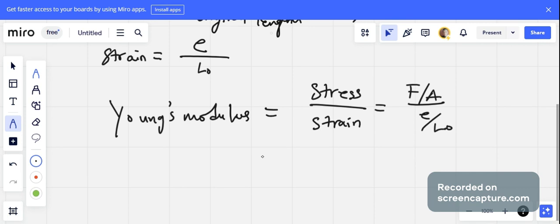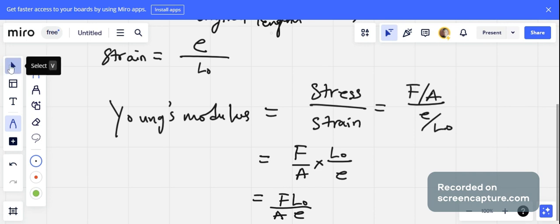So if we simplify this division of fractions, you end up having F over A times L, original length, over extension, which is F L naught divided by A times extension.